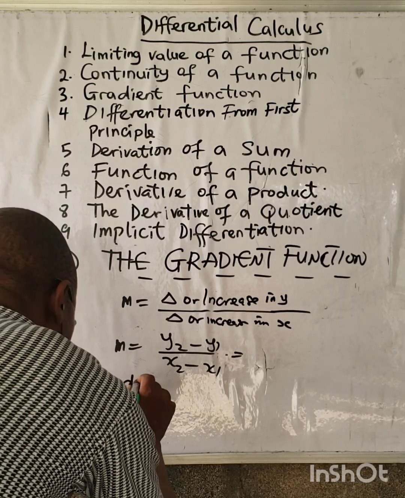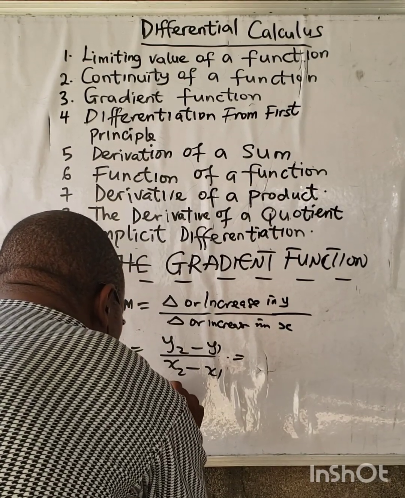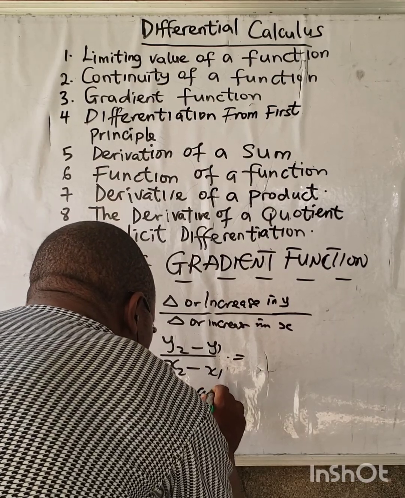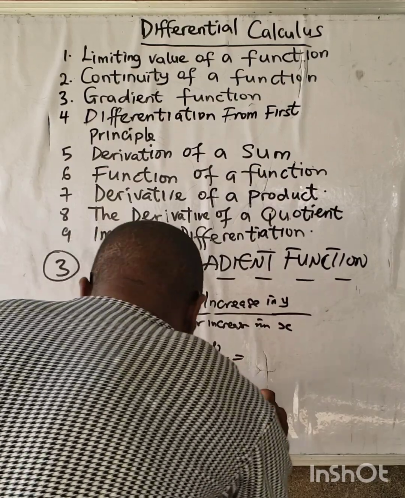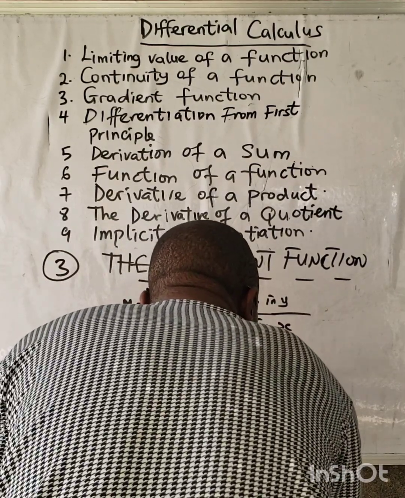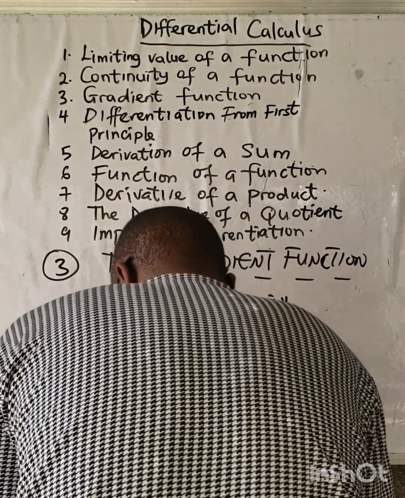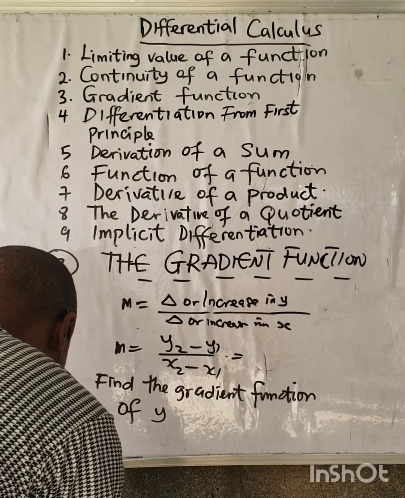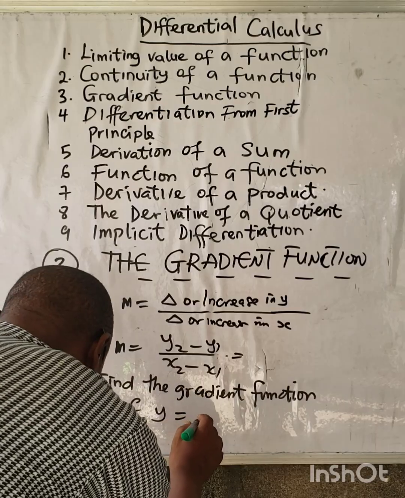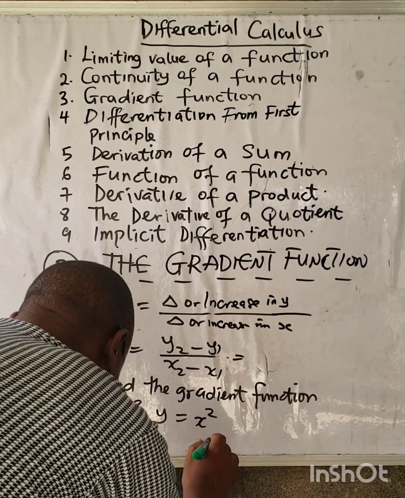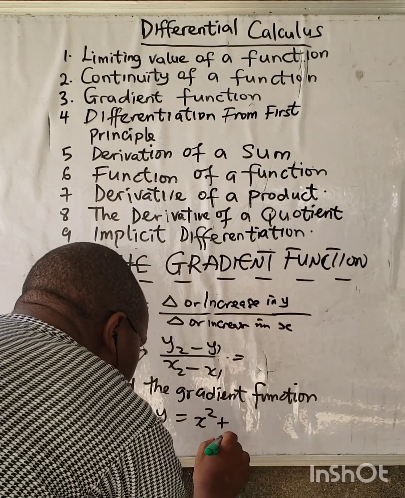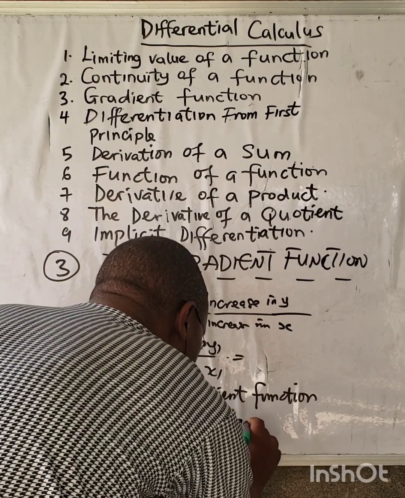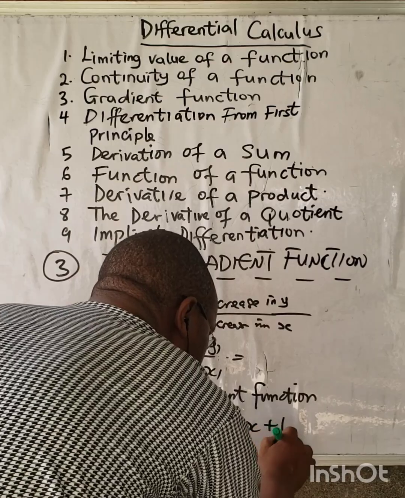Find the gradient function of y equal to s squared plus 3s plus 1.